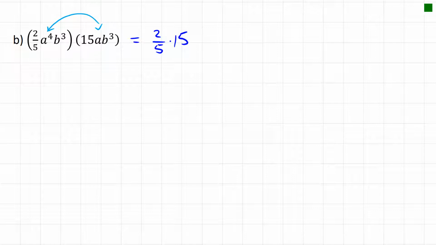So a to the 4 times a is a to the 5. And b to the 3 times b to the 3 is b to the 6. And now let me work on this fraction part. Well, 5 on the bottom cancels with 5 of the 15, leaving me with 3. So 2 times 3 is 6, a to the 5, b to the 6.